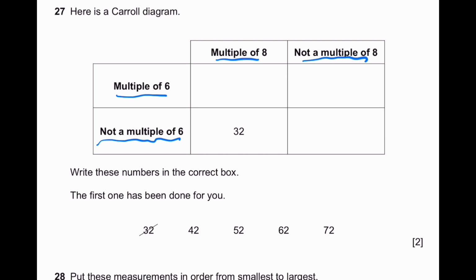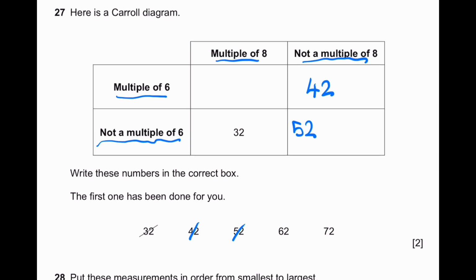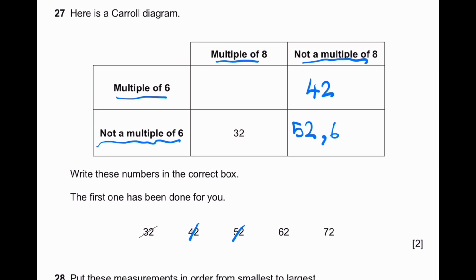So it goes here in this box. 52 is neither a multiple of 8 nor a multiple of 6. 62 is also not a multiple of 8 or 6. 72 is the only number which is a multiple of 8 and a multiple of 6.